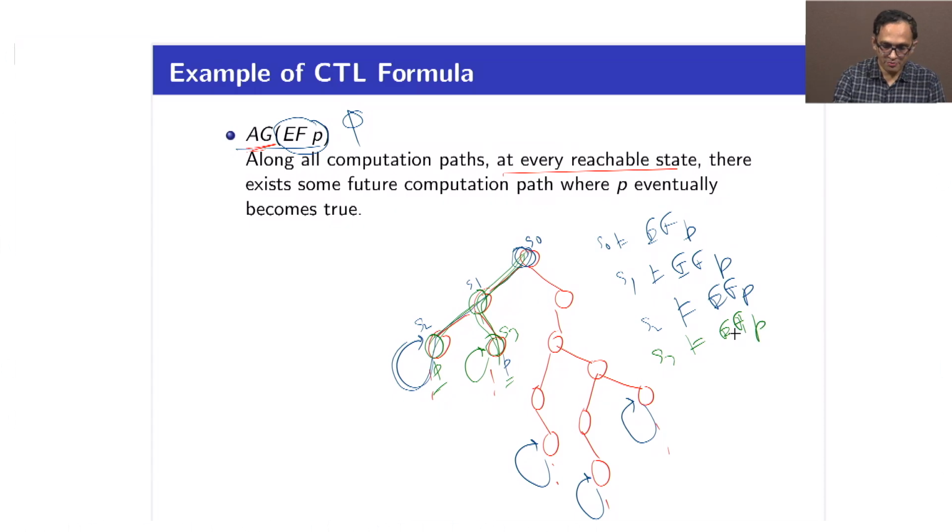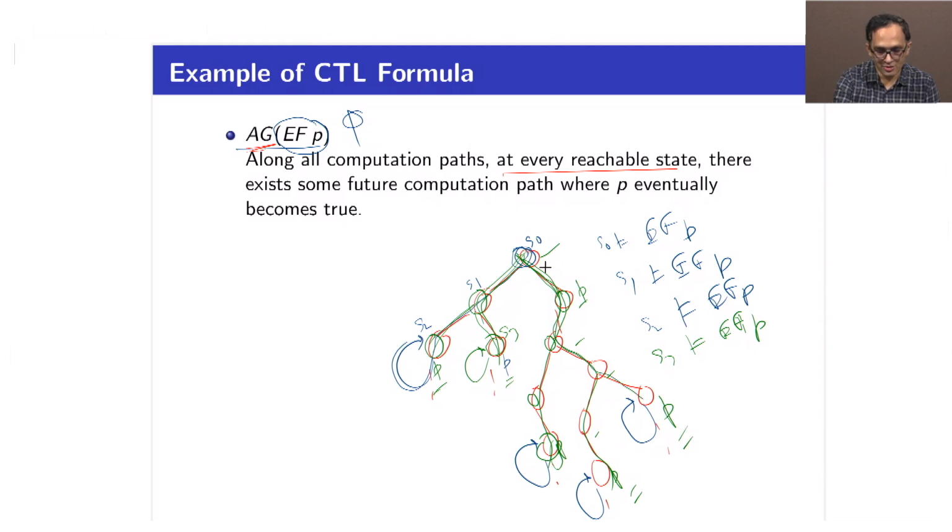Now, let us say I have P holds here, right. So, if you think about this case, there are many paths, right. So, in all paths in the future P should hold, right. So, let us say P holds, P holds, P holds here, then this will automatically hold, right. If you think about this path, always you find a future state where P holds from every state. Similarly, for this path, from all states you find a future state where P holds. Similarly, for this case there is a future state where P holds.